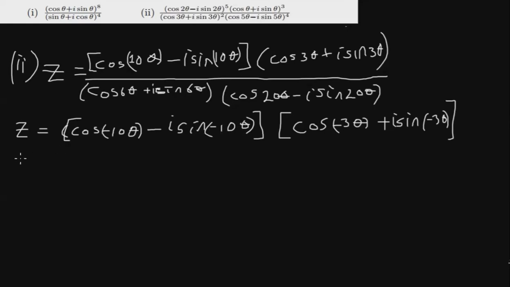So what I'm going to do here is z is equal to cos 10 theta the way it is, and then this one I will say plus i sine 10 theta, like that. And then open brackets this side.